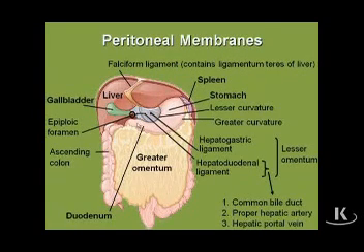So here's the gut tube, represented by the stomach and the beginning of the duodenum. There's the liver, and sure enough, between the liver and the gut tube is where we find the lesser omentum. Between the liver and the ventral body wall, remember the ventral body wall has been removed, so we've cut off the falciform ligament at this point, but here we see the falciform ligament going from the liver to where the ventral body wall was.